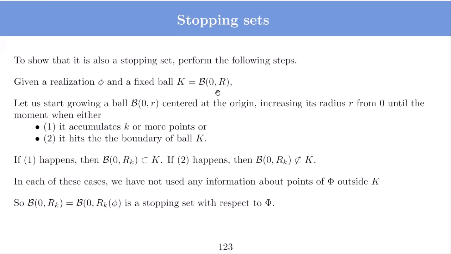If the first happens, this means there are k points in the ball B(0, r), and if this one happens, it means it has not hit the boundary of K. So before hitting the boundary of K, this ball has accumulated k points.